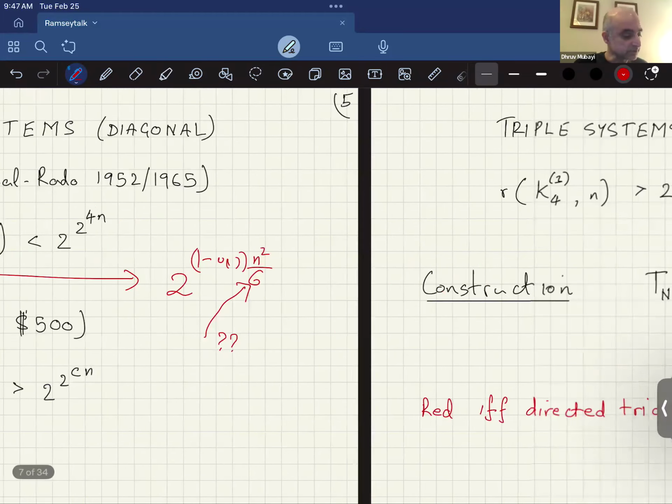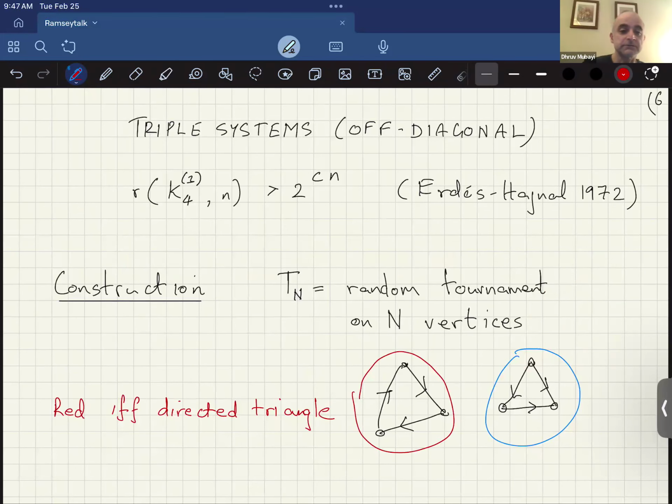So what about off-diagonal, which is the topic of the day? Well, it gets interesting very quickly. Even if you look at the smallest case, which is K4, just to make sure we know what this is: 4 points and 4 triples.